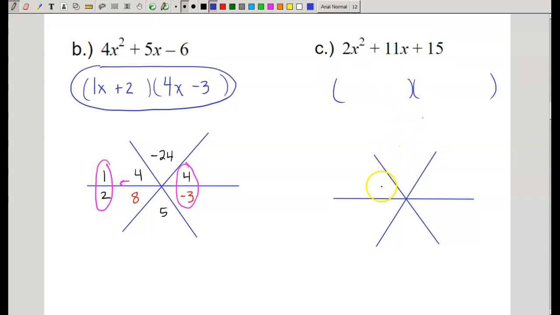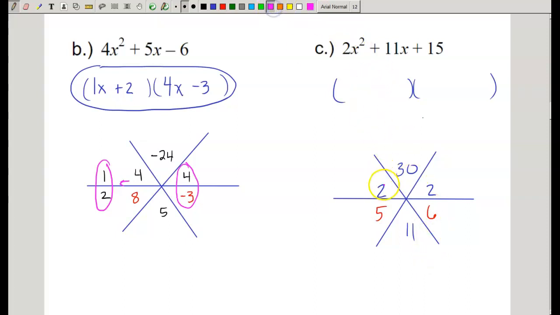Snowflake method, the A value is 2 and 2 here, and then the A times C value on the top is 30, so this is 30. And the bottom value is 11, and think about what multiplies up to 30 and adds up to 11. So 5 times 6. So we have 5 times 6 is 30, and 5 plus 6 is 11.